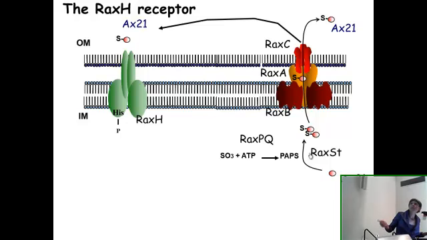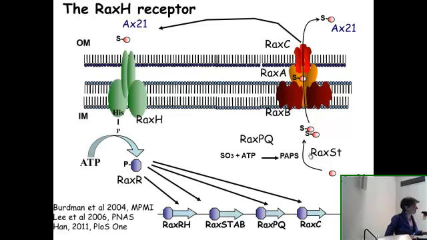These are bacterial receptors that sense extracellular changes, and they phosphorylate upon binding to a histidine, and then they can transfer that phosphate to a response regulator. In this case, we have identified RaxR as a cognate response regulator for RaxH, and we've shown that RaxR can bind to the promoters of these AX21 regulated genes.